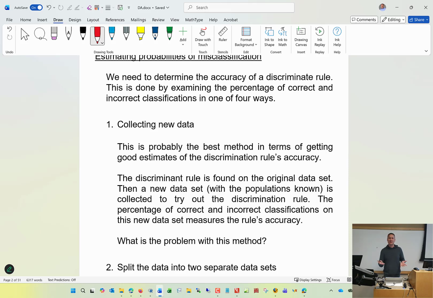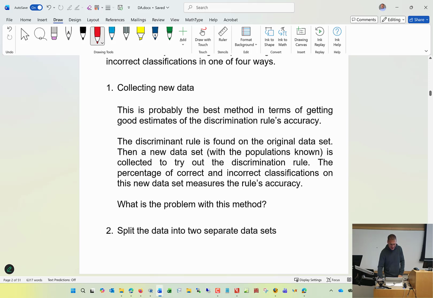That usually doesn't happen. But we like to estimate how good we're going to do. Or let's reverse that and say, let's estimate the probability of misclassification, the probability of making an error. So, there are 4 ways to estimate that probability.